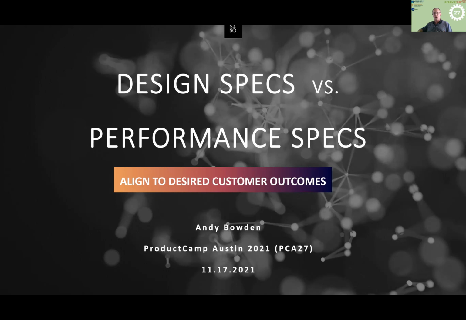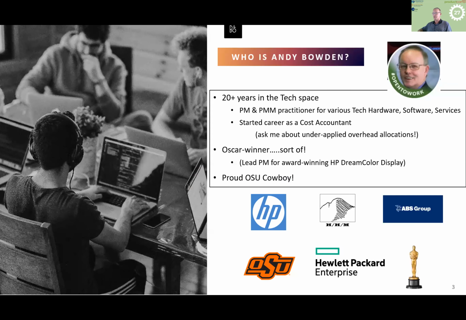I want to go through that and show you some examples of what I call design specifications and performance specifications, and their differences, and then how, as the product gets developed, they dictate the outcome for customers and the benefits to those customers.